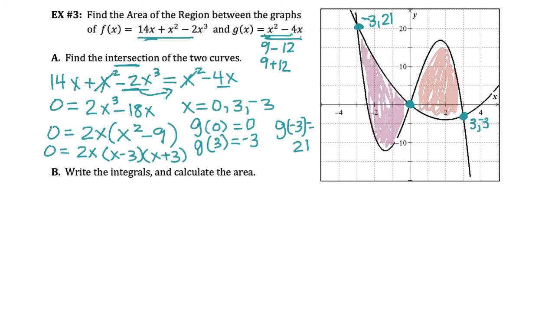And notice what happens. In area 1, I think I need to go back to the pen. Here we go. Area 1, notice the quadratic function, or that squared function, is on top. So whenever I write this, when I integrate it, it's from what x value to what x value. My x value is negative 3 to 0.